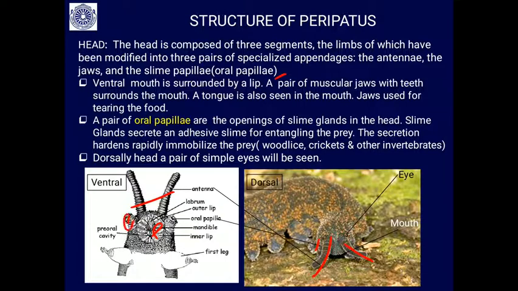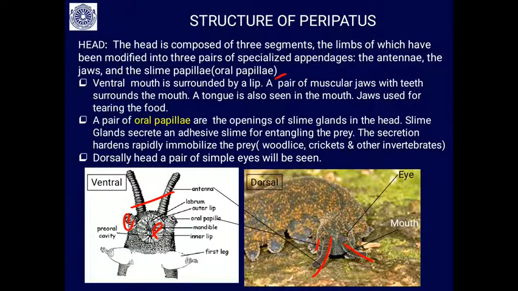This oral papilla is a very interesting organ. It is the opening of the slime glands, and it produces an adhesive slime for entangling the prey. The secretion hardens rapidly and immobilizes the prey.